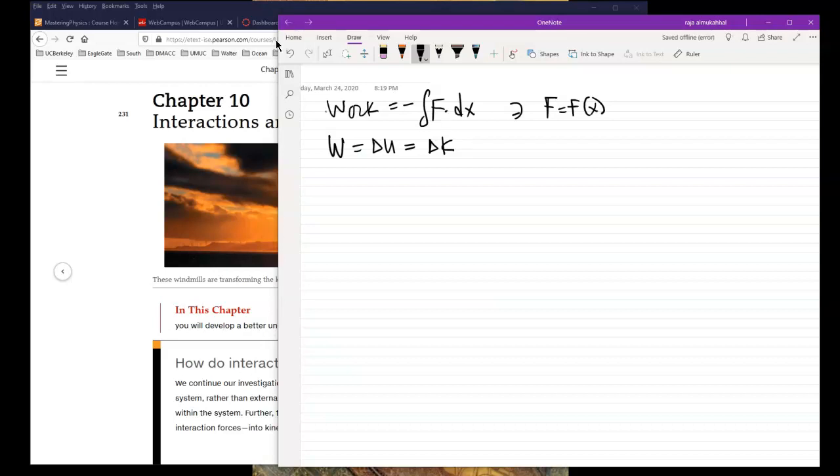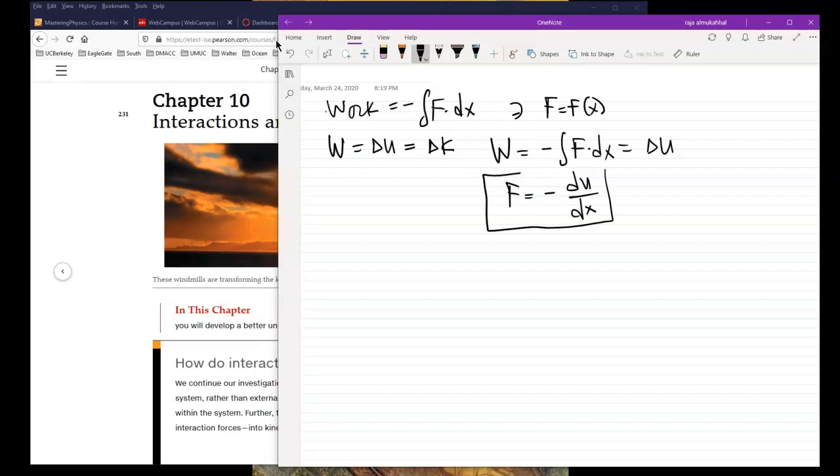Also, I talked a little bit about the relationship between the force and the potential energy. Look at the work equation here: work is equal to minus the integral of f dx, and we said that the work is the potential energy delta U. So if I want to solve for f, it would be minus dU/dx. Make sense?